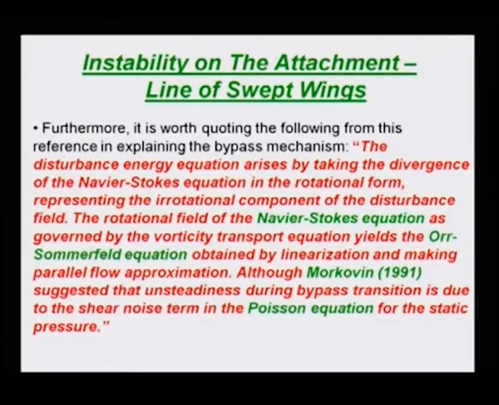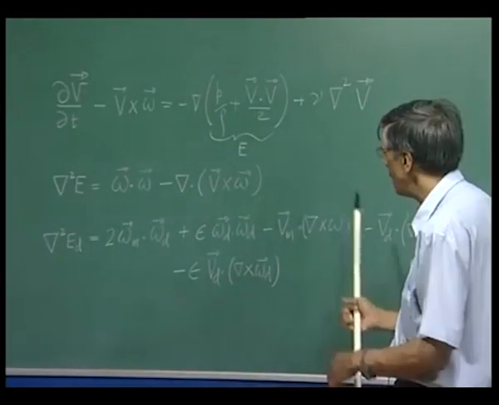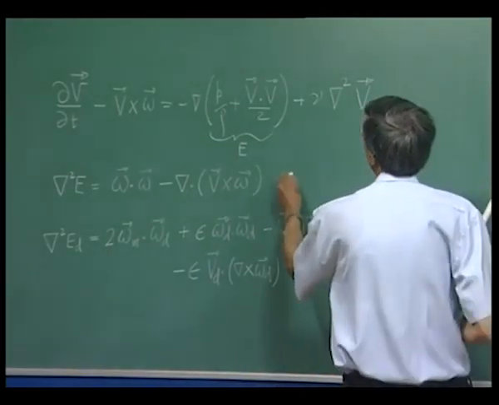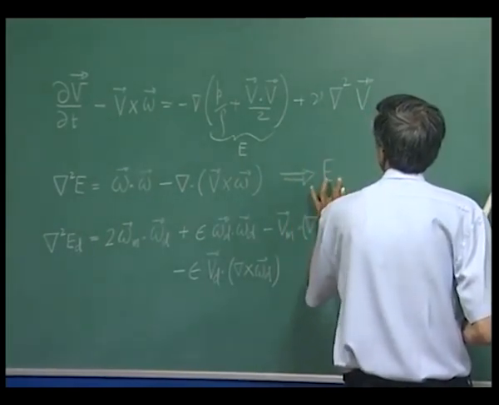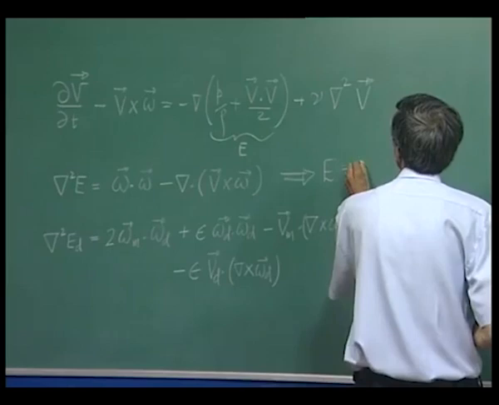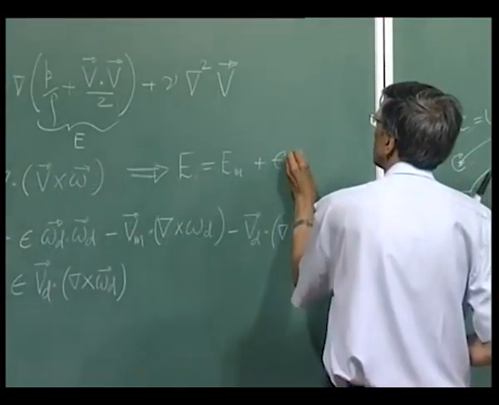We noted in that paper that the disturbance energy equation arises by taking the divergence of the Navier-Stokes equation in rotational form. So, this is the total mechanical energy, and then what we did from here, we split the total mechanical energy into a mean part and a disturbance part.